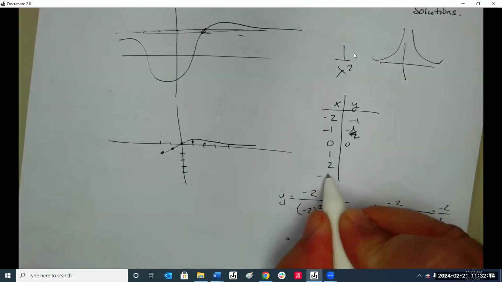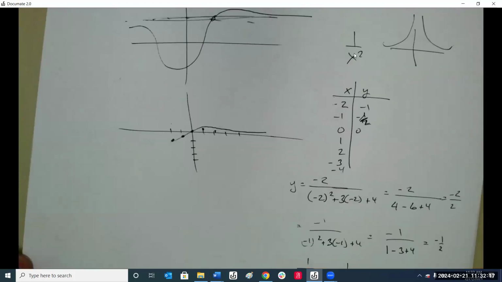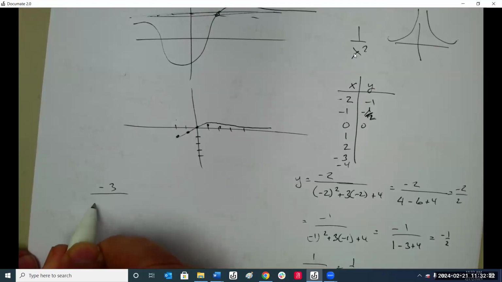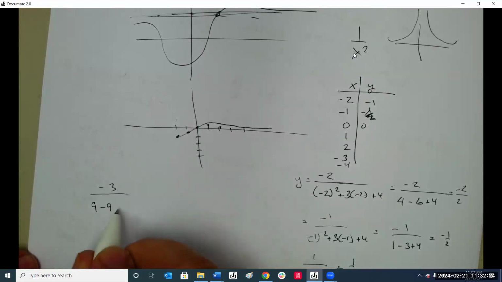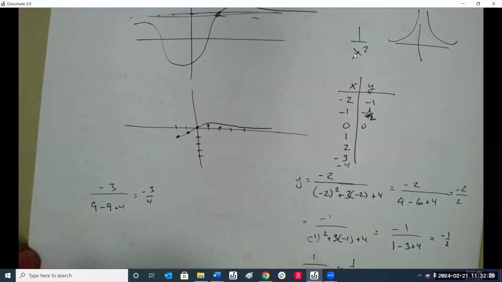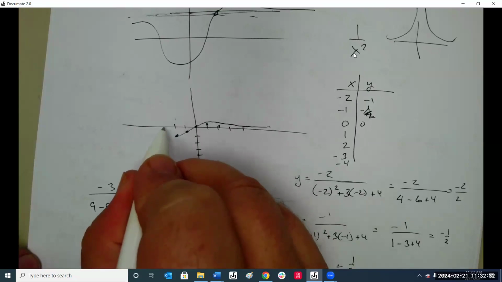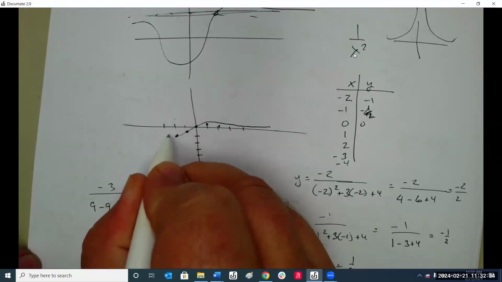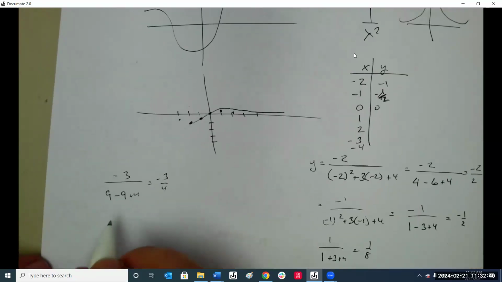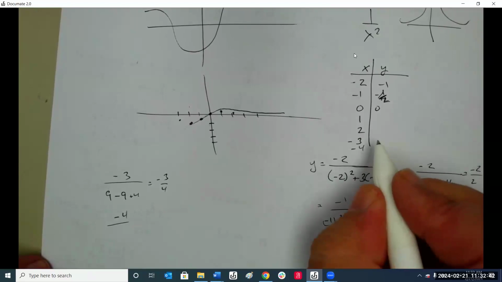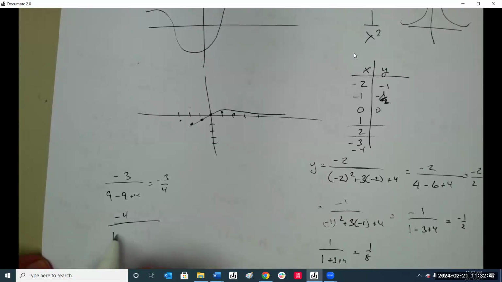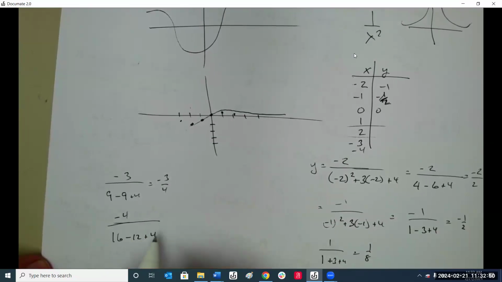What happens at -3 and -4? See if we see a pattern. So it's 9 minus 9, -3/4. And -4. We have -4 over 16 minus 12 plus 4.